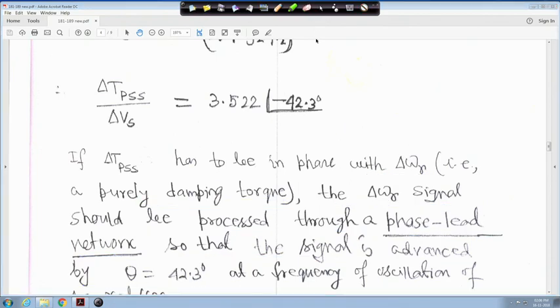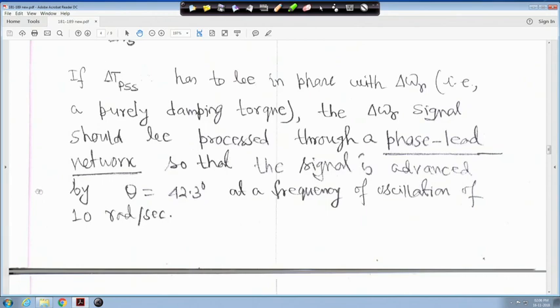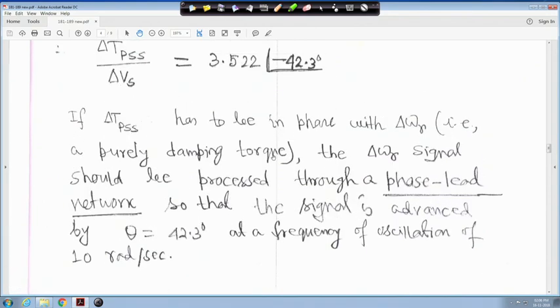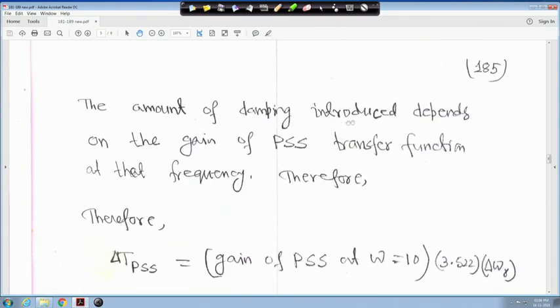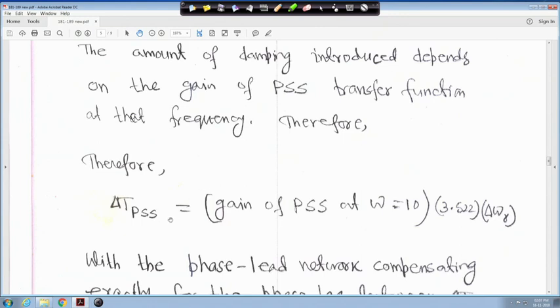In this case we have considered 10 radian per second. So, that is what we are supposed to do. The amount of damping introduced depends on the gain of PSS, the PSS transfer function at that frequency. Therefore, delta T PSS will be gain of PSS at omega is equal to 10 radian per second into 3.522 delta omega r.